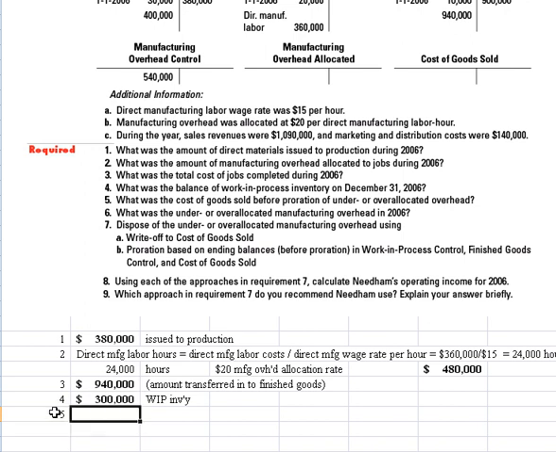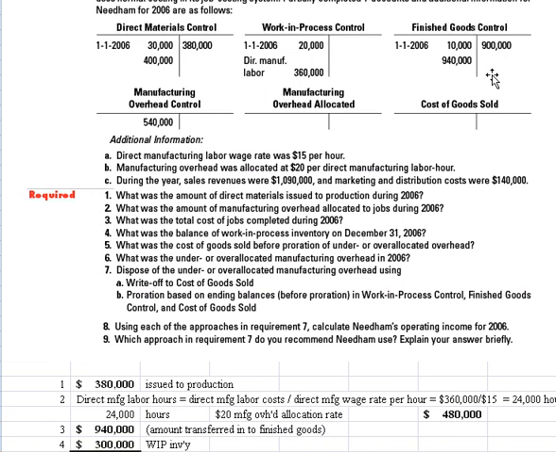Next we tackle number 5, which says, what was the cost of goods sold before proration of under or over allocated overhead? Okay, well, if you look at the credit entry to finished goods T account, you see the cost of goods sold before any proration was the 900,000.